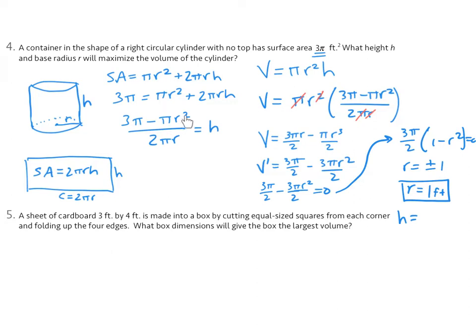R is 1, so that would be 1 pi. 3 pi minus 1 pi is 2 pi. R is equal to 1, so that's 2 pi. We have 2 pi over 2 pi, which is 1 as well. So simple solution, but we're really focusing on learning new content, keeping the solutions pretty simple at this point. The radius would be 1, and the height would be 1.